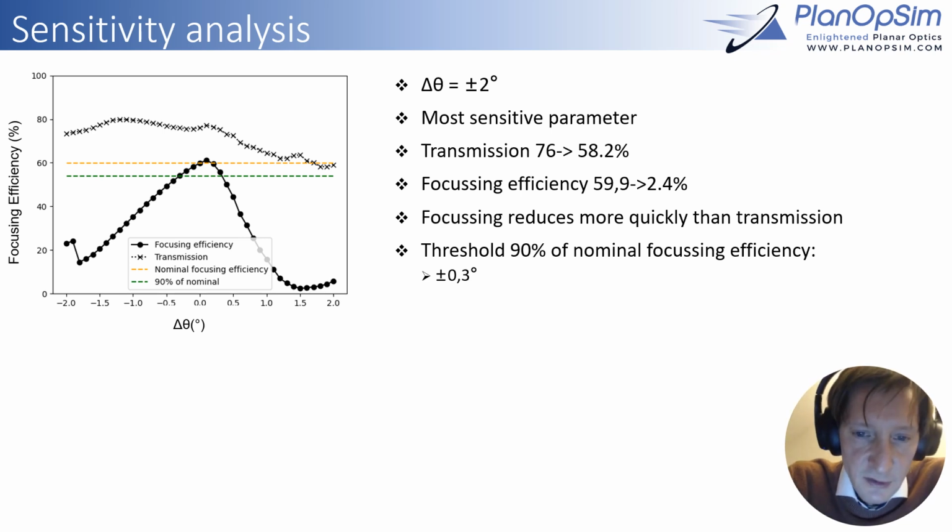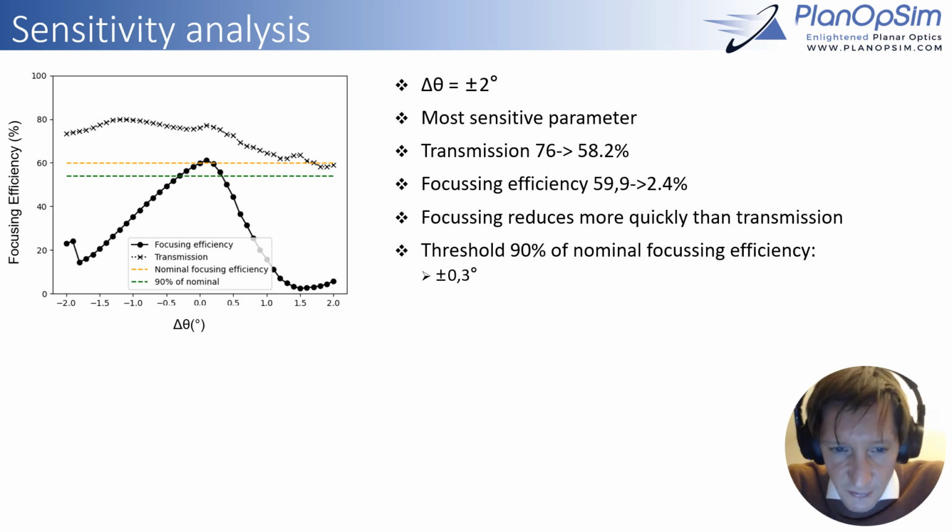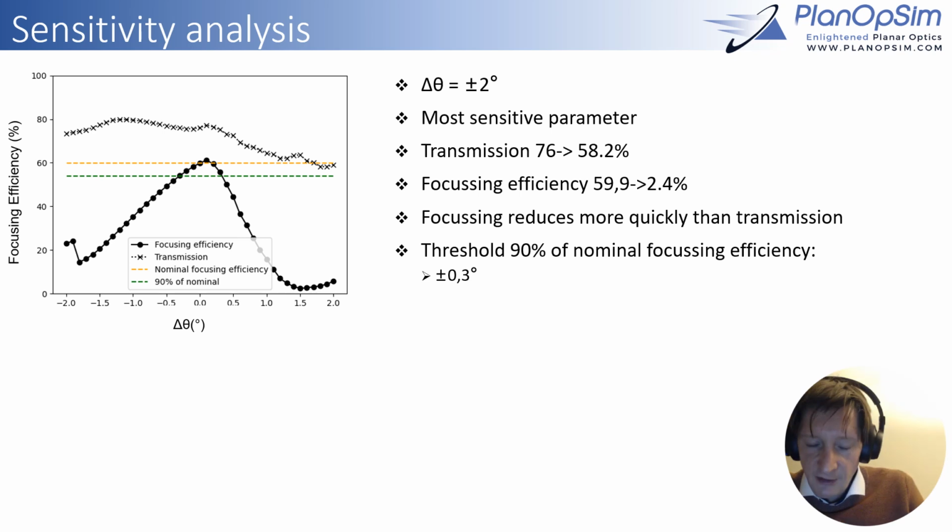It drops from 76 to 58%, so there is a noticeable drop, but there is a very sharp drop in the focusing efficiency, which goes from 60% to 2.4%. So we almost entirely lose the light we have in this meta atom. So this shows a need to control the sidewall angle very precisely in meta surface designs.